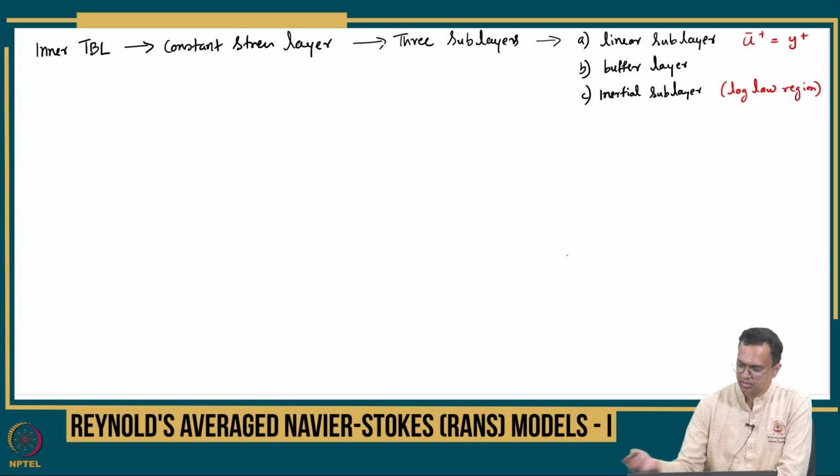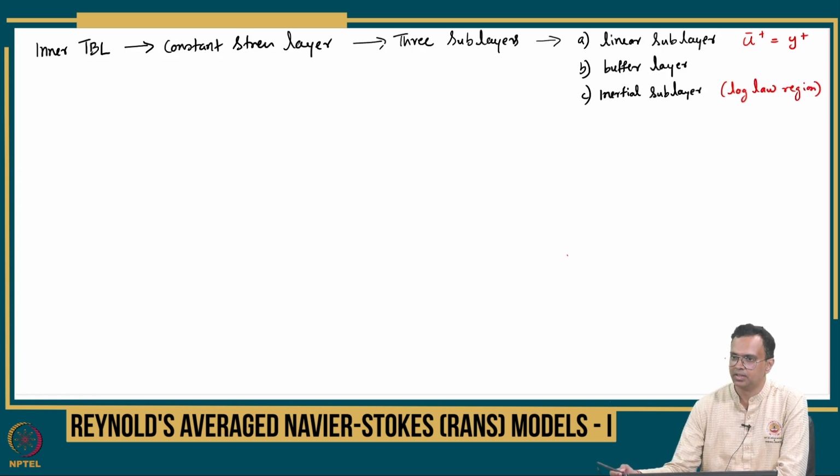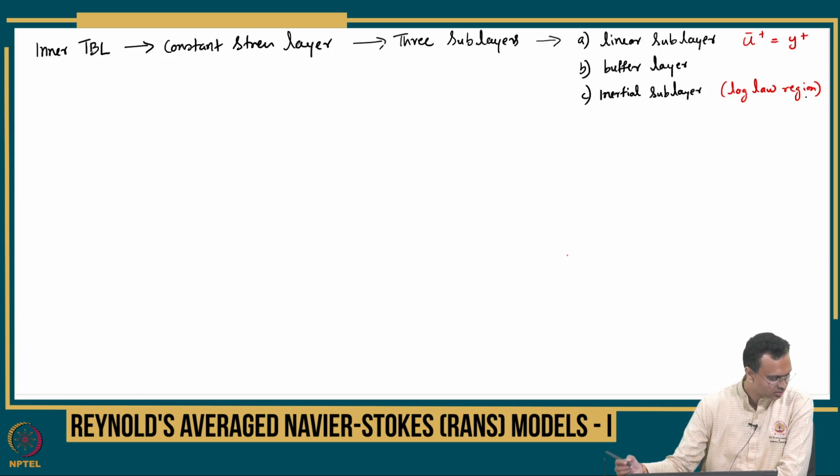Basically, if you want to represent your velocity as a logarithmic function of y plus, that is the idea. And in the data we see for some flows it behaves like this. Linear in the linear sublayer, and in the inertial sublayer you want to do it in a logarithmic fashion. Okay, so it looks like this.